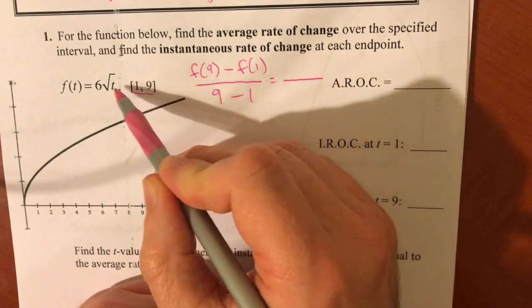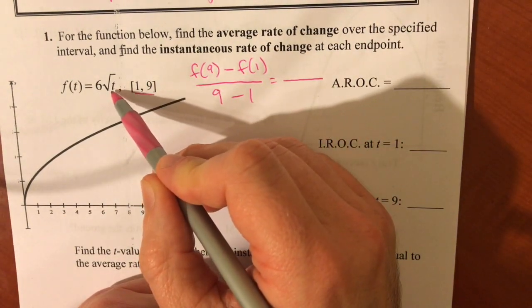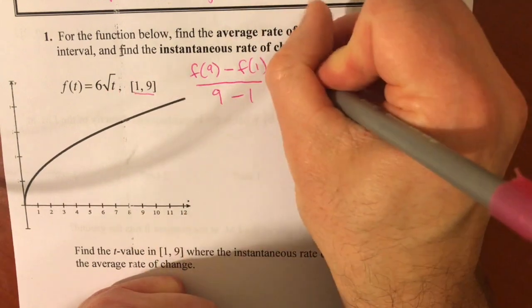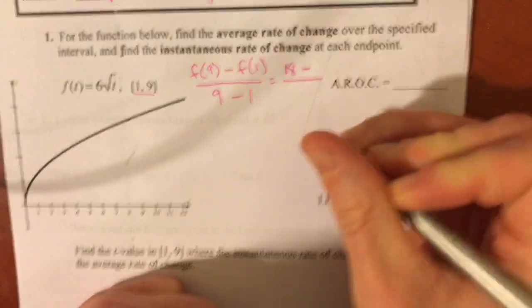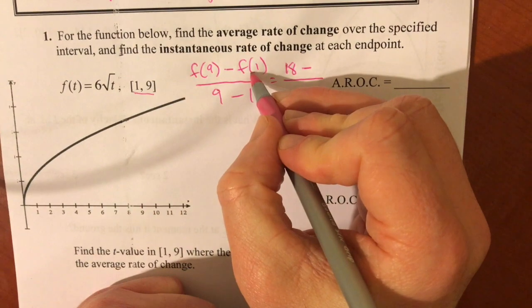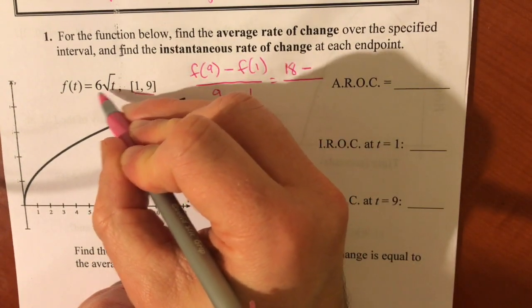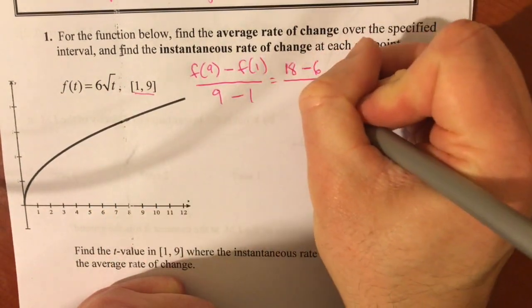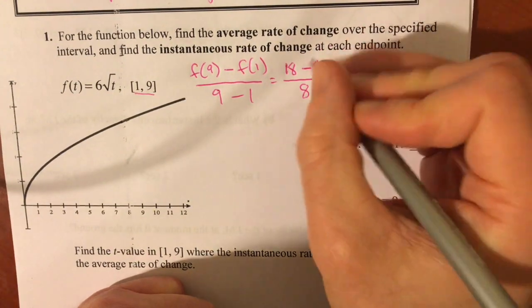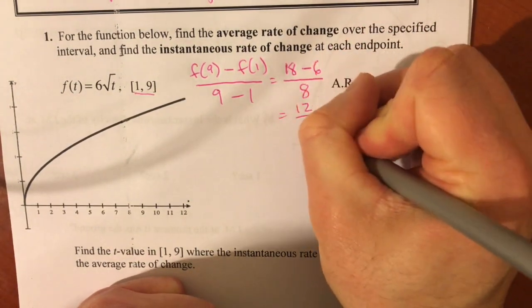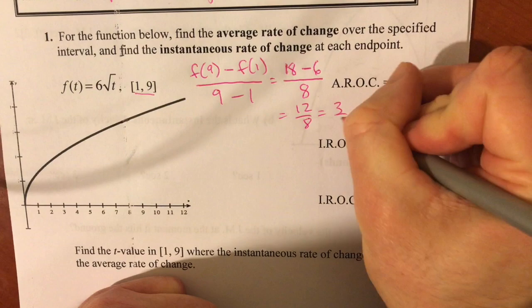But the f of 9 would be 6 times the square root of 9. The square root of 9 is 3. 3 times 6, 18. Minus f of 1, which would be the square root of 1, is 1, times 6, 6, all divided by 8. And so that's going to give you 12/8, which reduces to 3/2.